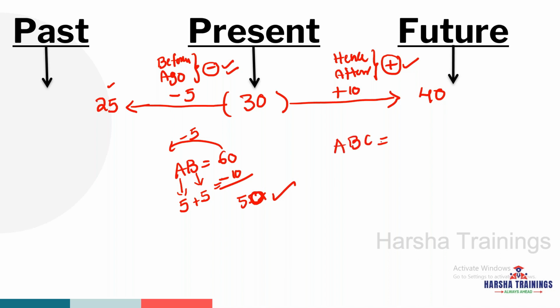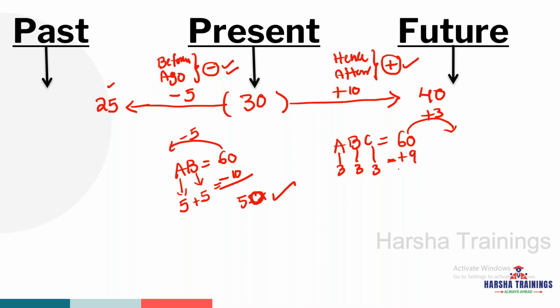Okay, so one more example, guys. A, B, C, 3 persons. 3 persons present sum of ages is 60 years. After 3 years, their ages will be how much, guys? Anyone? So A's 3 years, B's 3 years, and C's 3 years.